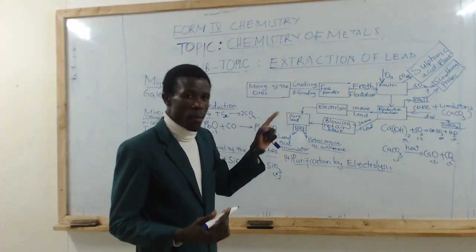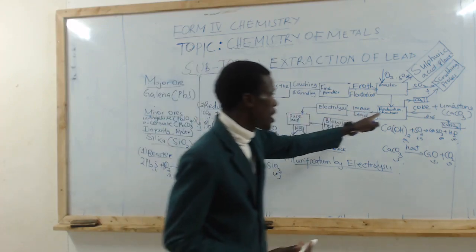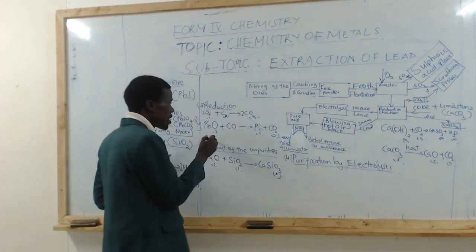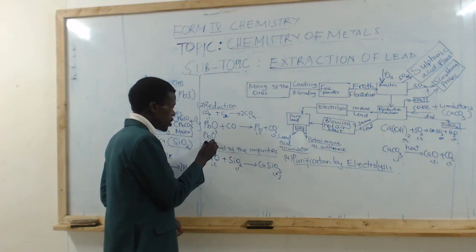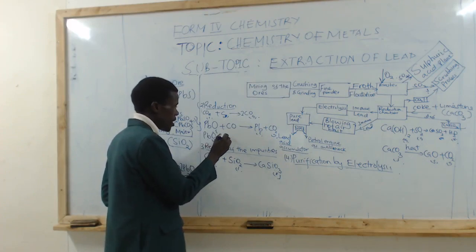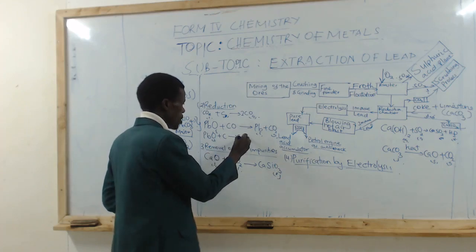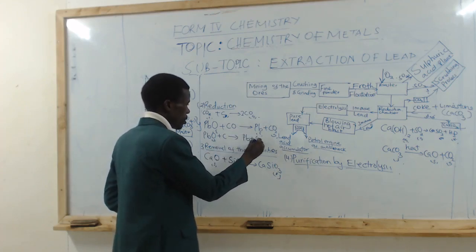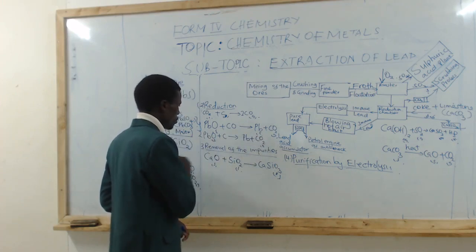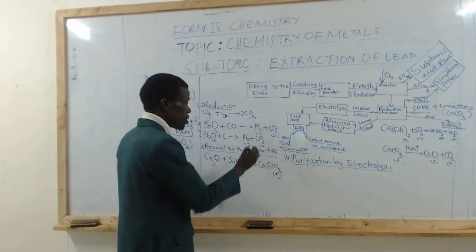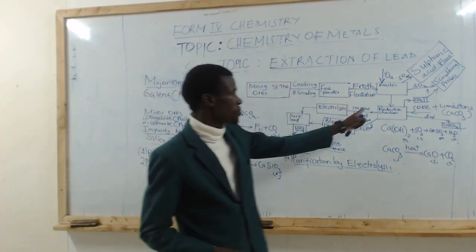And remember, before I proceed, apart from carbon 2 oxide, the remaining carbon can also do the reduction process of reducing the oxide of lead to form lead metal and carbon dioxide. So these lead metals are not pure.